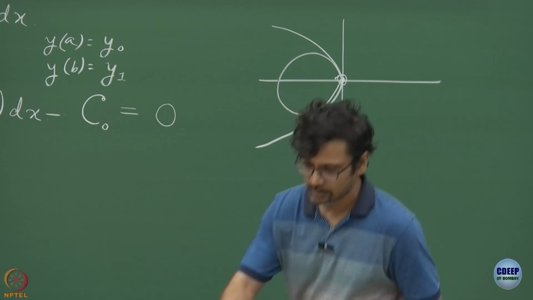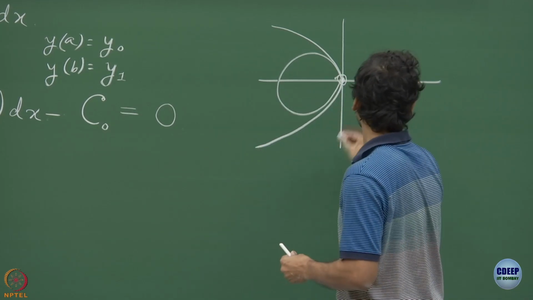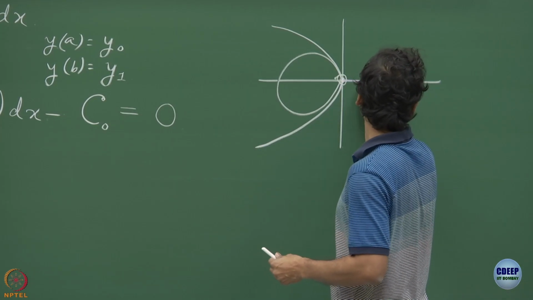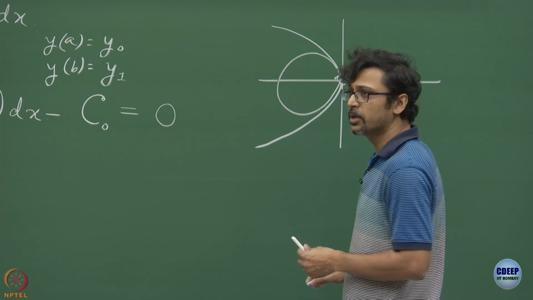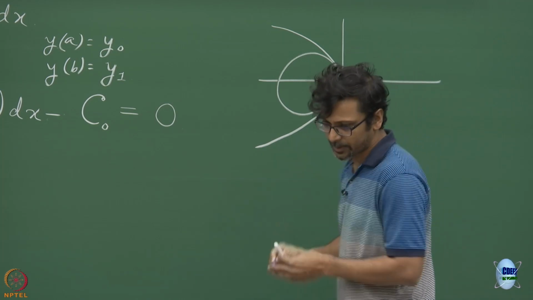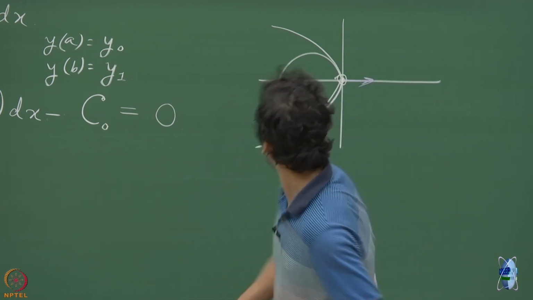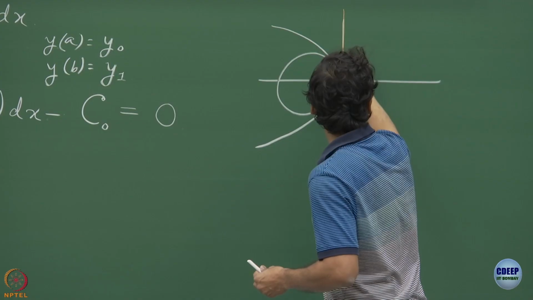Well, the gradient would point in this direction, and therefore you would perceive that your tangent space would be along this direction.